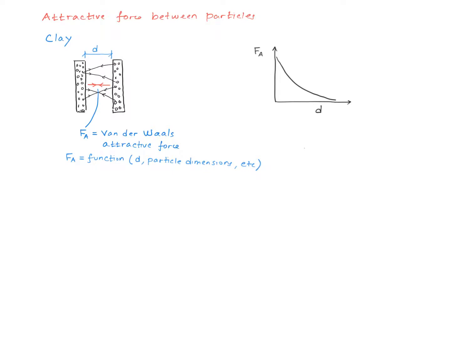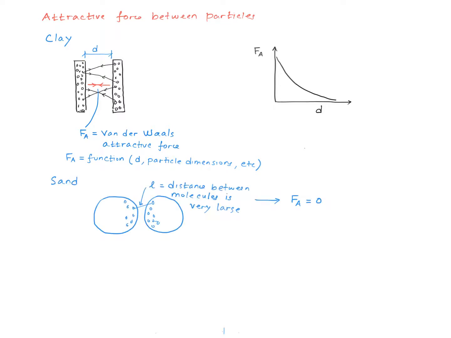The magnitude of this force is a function of the particle separation d, particle dimensions, and a few other things. The van der Waals attractive force also rapidly decreases with particle separation d, as shown in this picture. But if you take two sand particles, the distance between molecules is so large that the attractive force is basically zero.